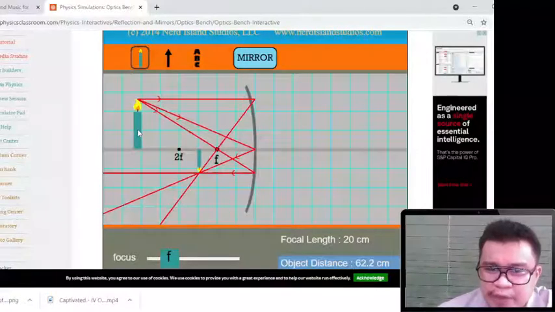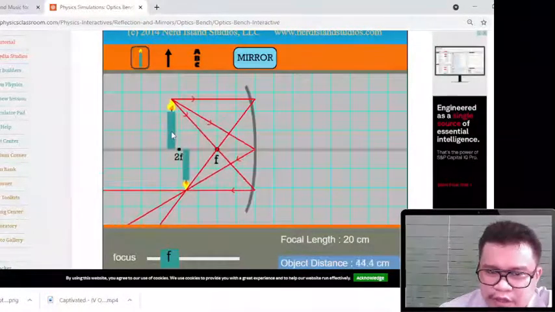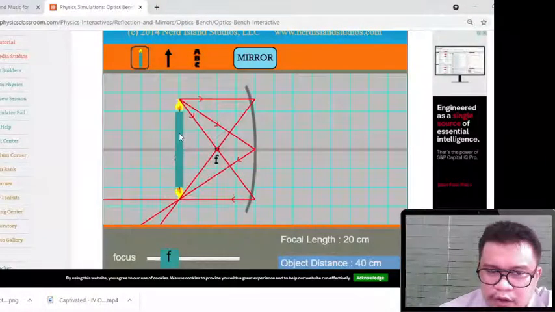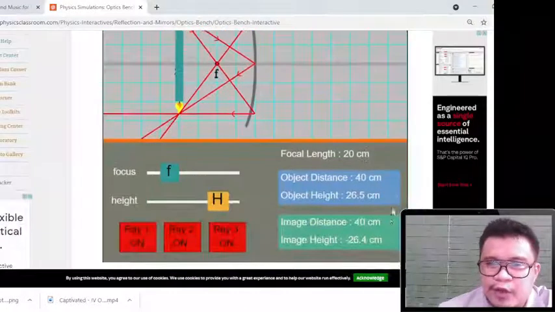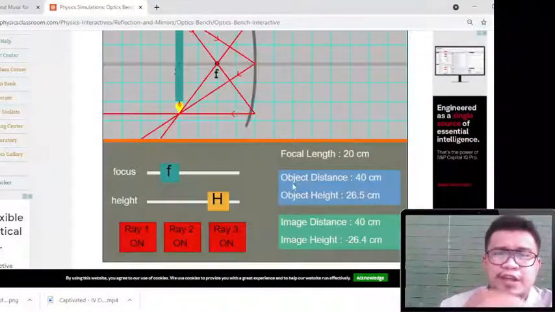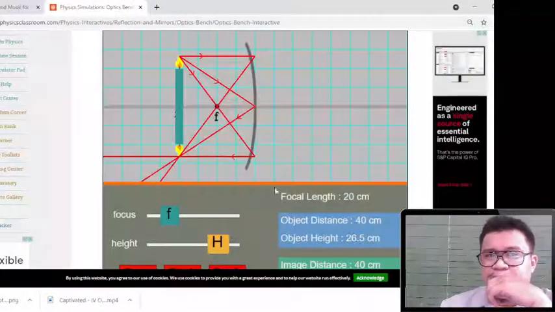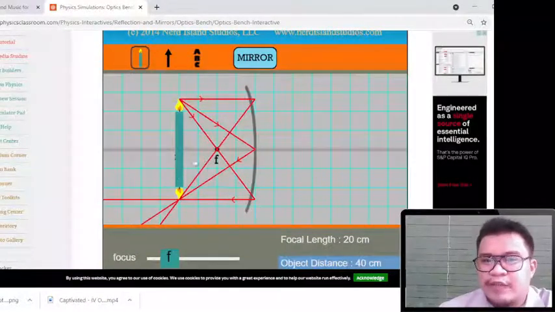Let's put it exactly at 2F. Look at the size, it's roughly the same: 26.5 centimeters for the object, and the image height is 26.4 centimeters. Let's just consider it the same. So if you place it at 2F, it becomes the same height as that of the object.